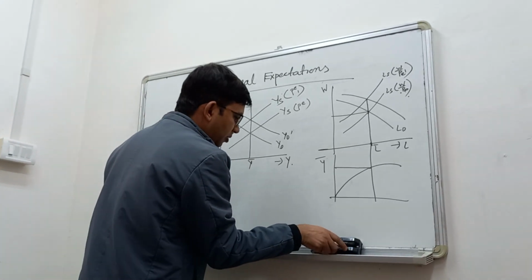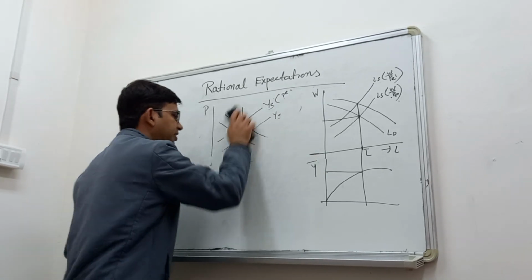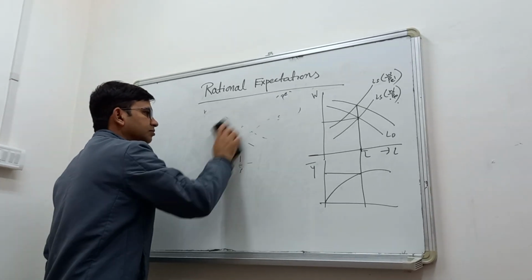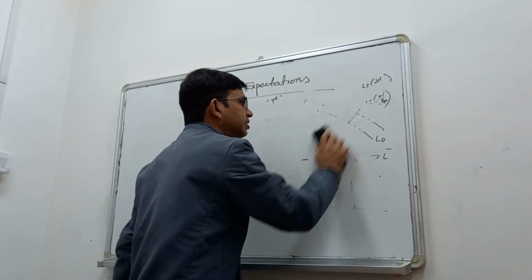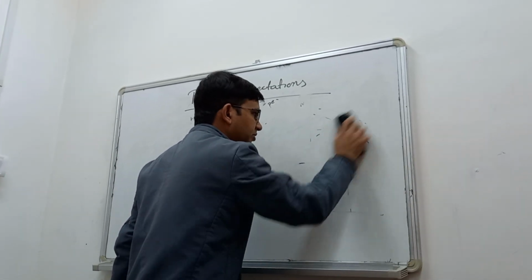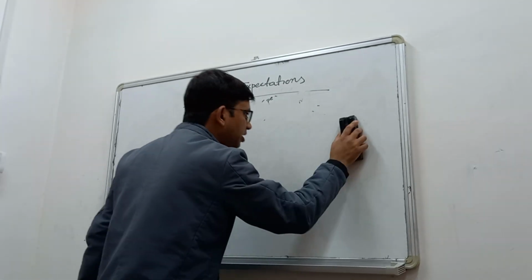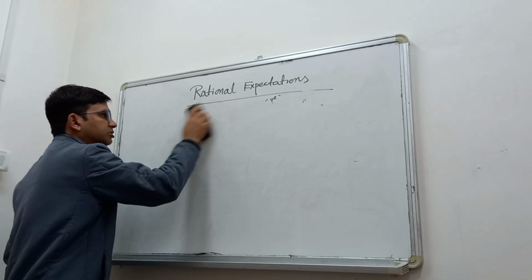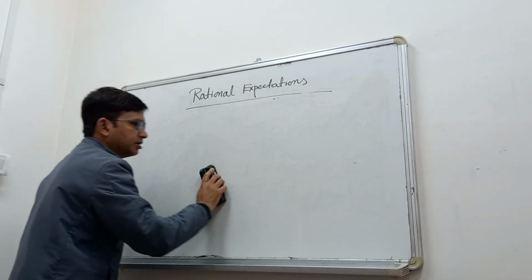So now we will formalize the model of rational expectation in which we will find that if the people's expectation is natural, then only supply shock can cause a change in the level of output and employment.